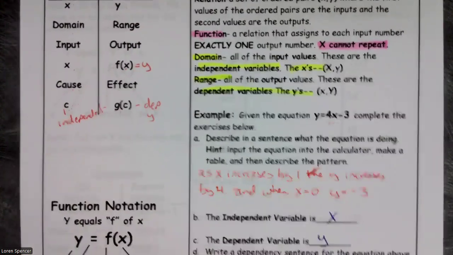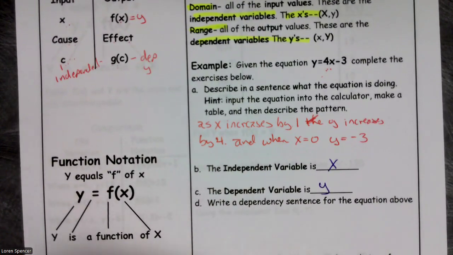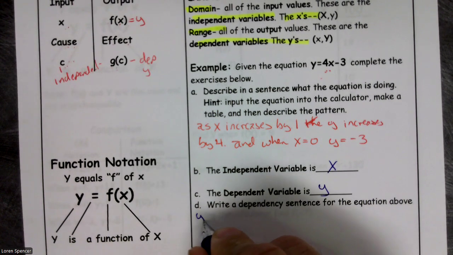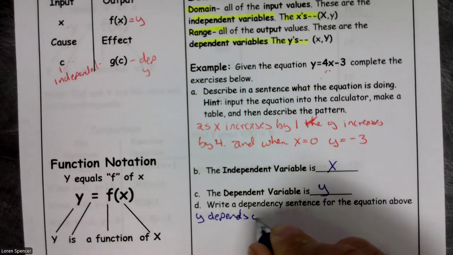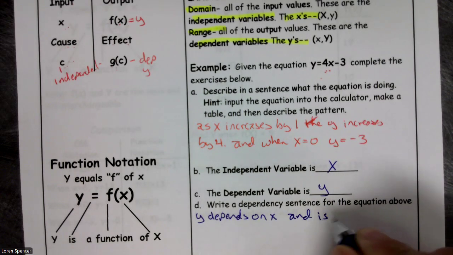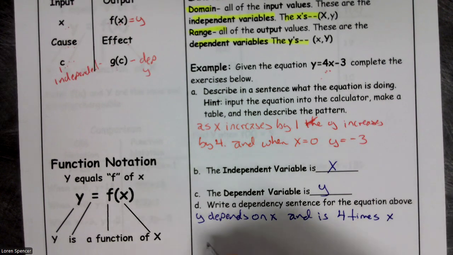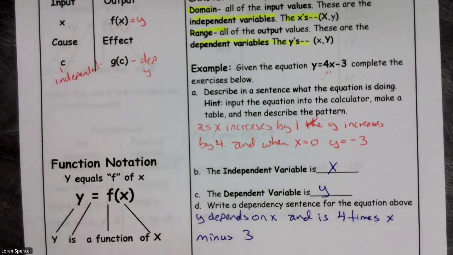Now it says write a dependency statement for the equation above. All right. So y depends on x and is 4 times x minus 3.